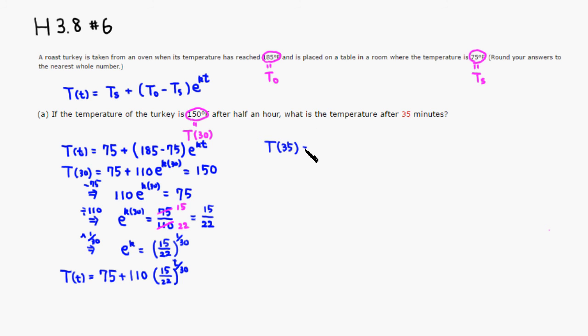So this is going to be equal to 75 plus 110 times 15 over 22 raised to 35 over 30. Let's compute this number using GeoGebra.